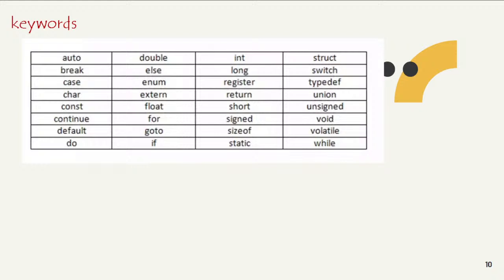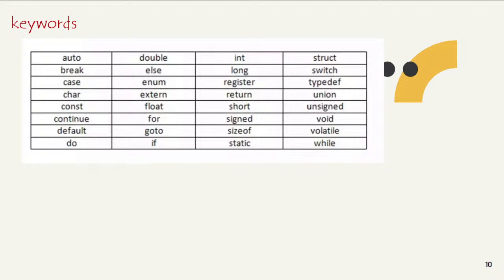For implementing the control structures, we can use the keywords like if, else, switch, case, default, break, and iterative statements like do, while, for. These are the keywords from the 32 which are used for implementing control structures and iterative statements.